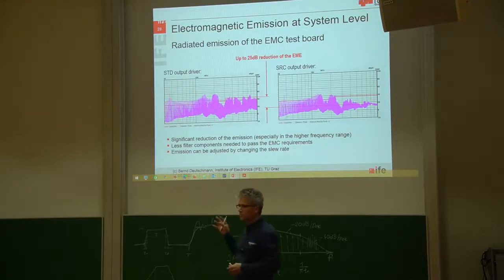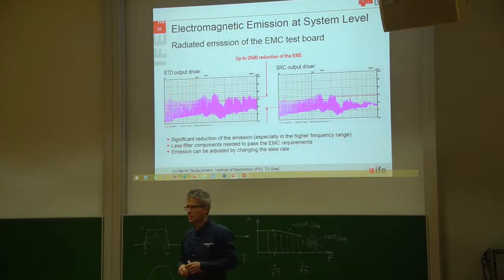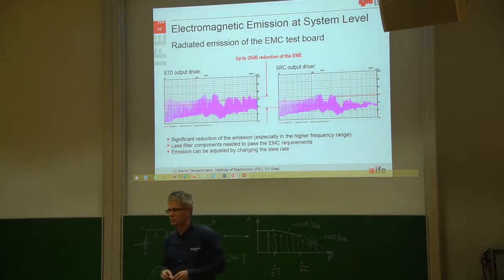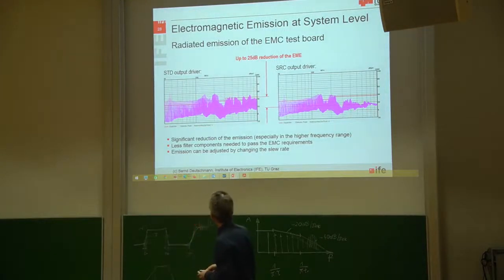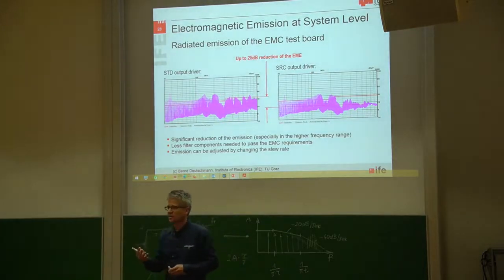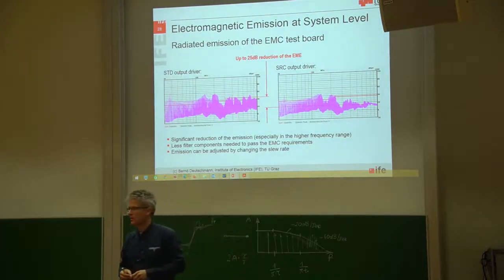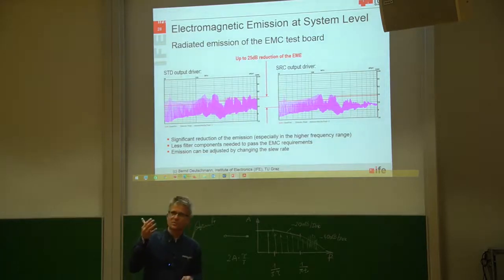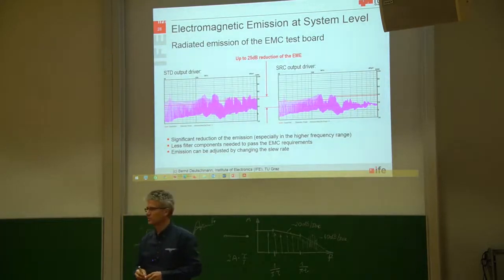We used the standard output driver test chip and the other one with the slew rate controlled test chip, and we could see that over a wide frequency range, the emission was reduced by up to 25 dB. Okay, so the output driver is very important, and if you have to design an IC, don't just use the standard output driver that is provided in the library.